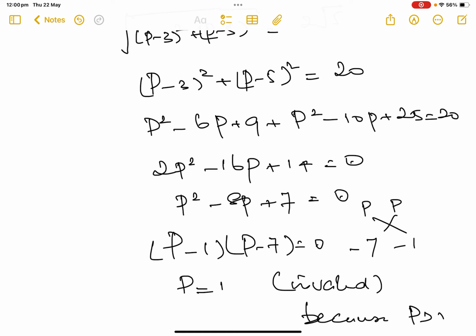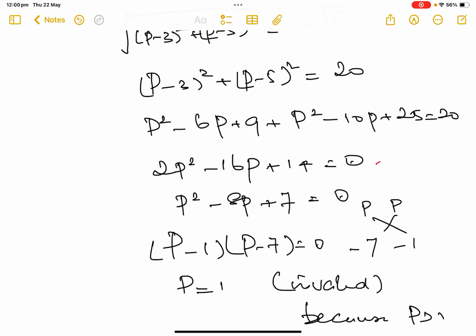There are two p squared, so 2p squared, minus 6p and minus 10p is minus 16p, plus 9 and 25 is 34, and if you bring 20 to this side, that's minus 20, so 34 minus 20 is 14. Then I took 2 as a common factor and ignored that 2: p squared minus 8p plus 7.